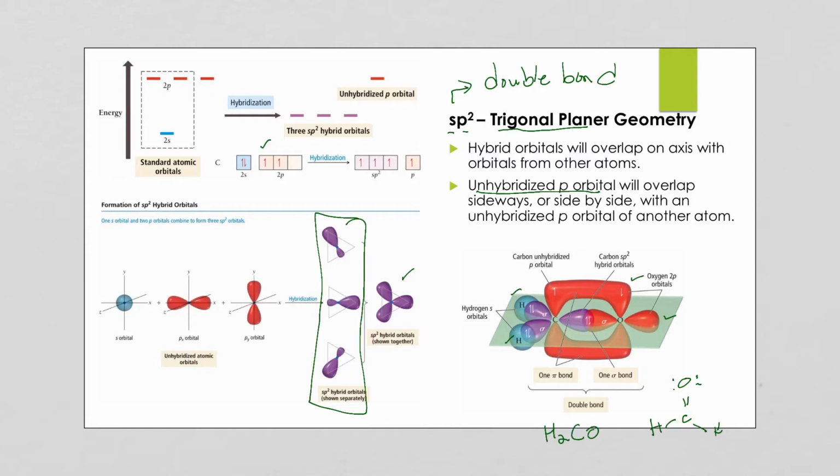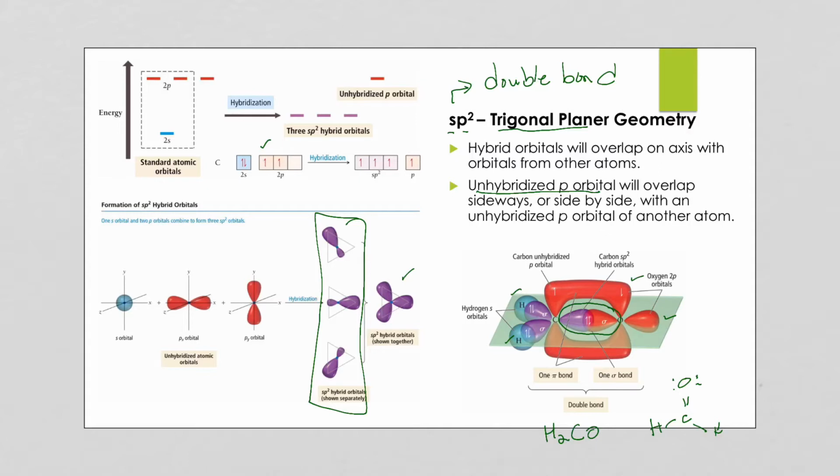We can't have the same end-to-end overlap that we have here. We have to have a different kind of bond. That bond is formed by an unhybridized p orbital in this case. It could also be an unhybridized d orbital in other molecules, but more commonly an unhybridized p orbital, and they overlap on the top and the bottom.